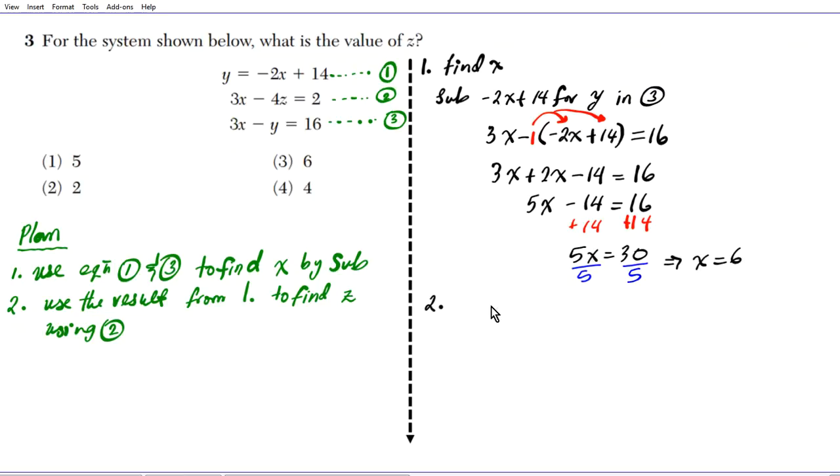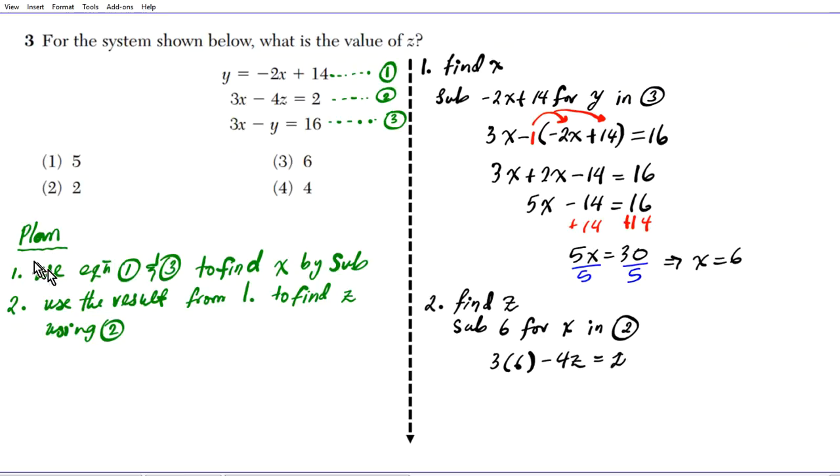Now we're going to advance to step 2, which is to look for z. Okay, to accomplish this, to find z, we're going to substitute the answer we just got, 6 for x, in equation number 2. Alright, if we do that, we're going to get 3 times 6 minus 4z equals 2.